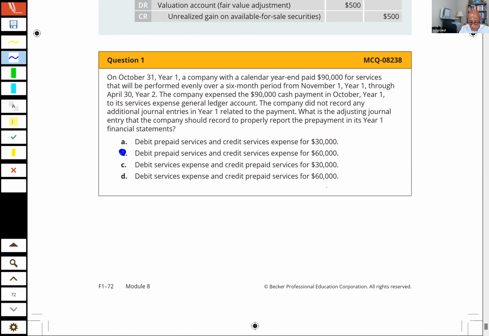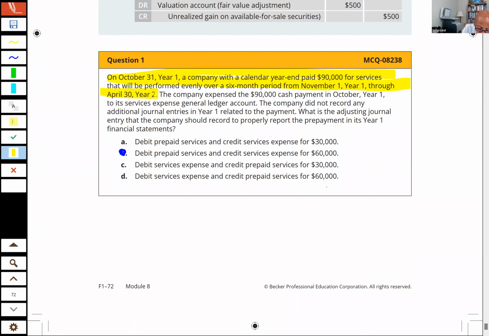Okay, now the way you look at this is you say, what did they do? What should it have been? How do I fix it? Okay, that's what you're looking for on a question like this. Now, you look and they say on October 31st, a company with a calendar year end paid $90,000 for services that will be performed evenly over a 6-month period from November 1st, year 1 through April 30th, year 2.